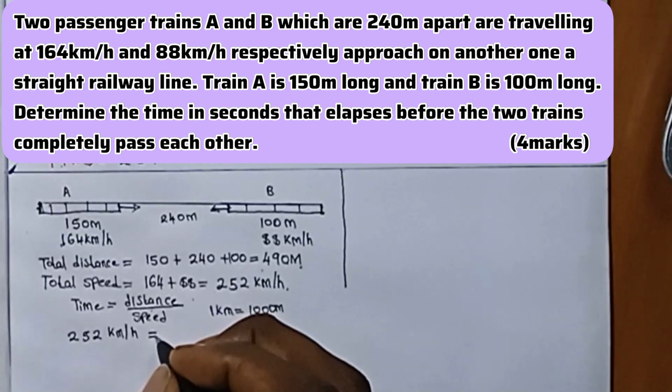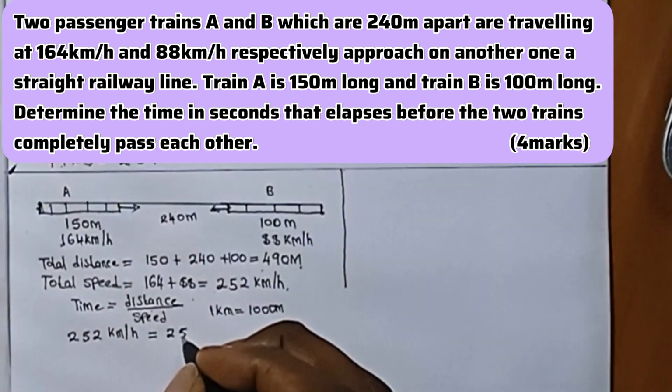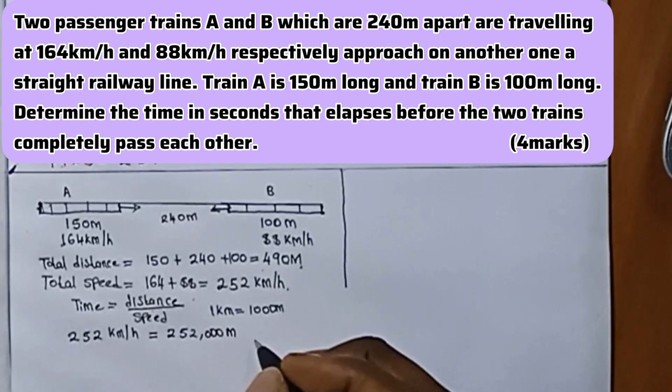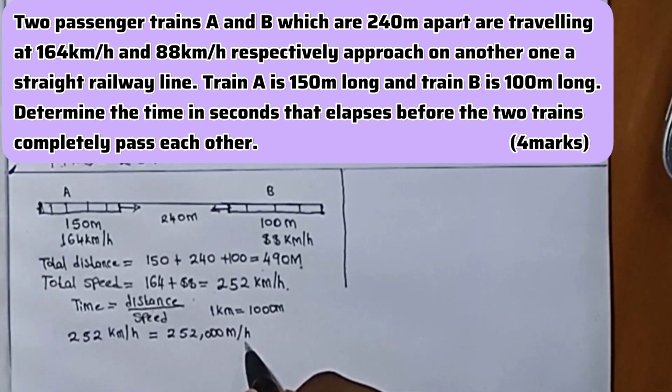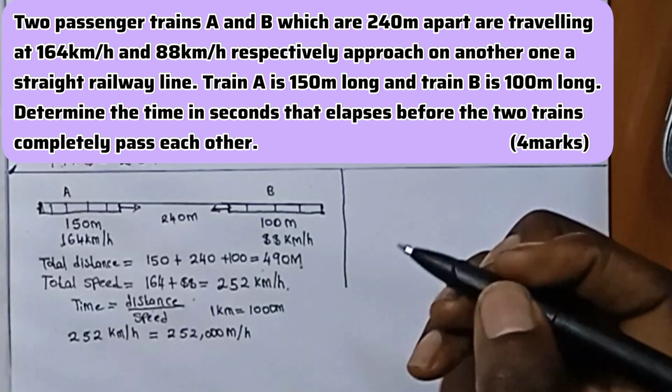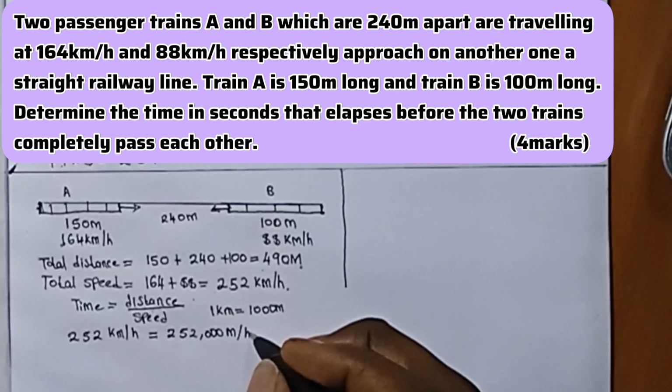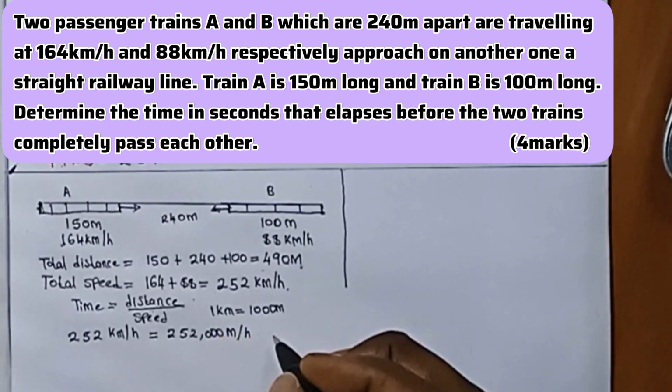So this is equal to 252,000 meters per hour, and we want this in seconds. 1 hour has 3600 seconds.